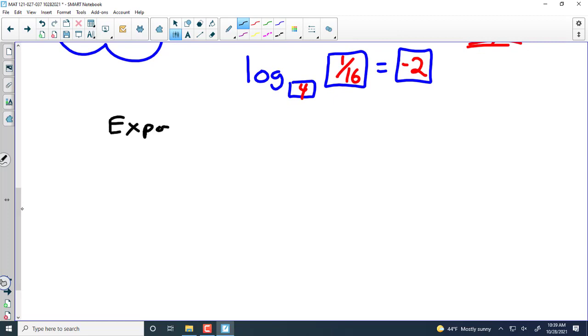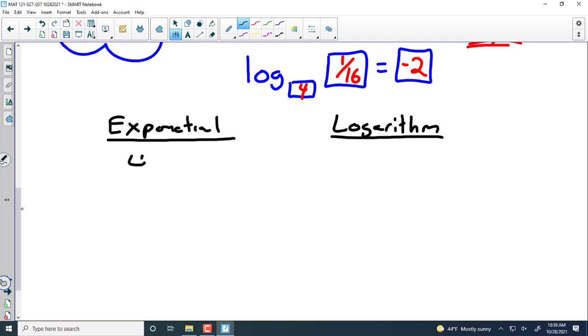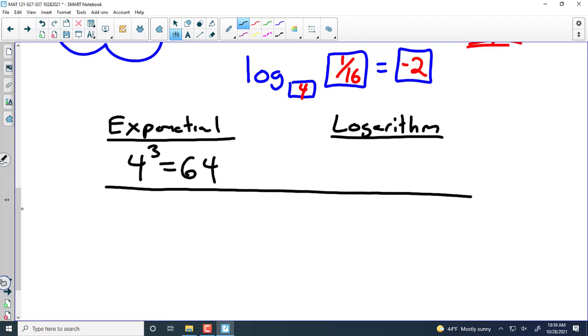So I'm going to make a couple little columns here if you want to do it, and each column is going to have 4 rows in it. We're going to have the logarithm column, and we're going to have the exponential column. Over here I'm going to write an exponential statement. Then over here I'm going to write a logarithmic statement.